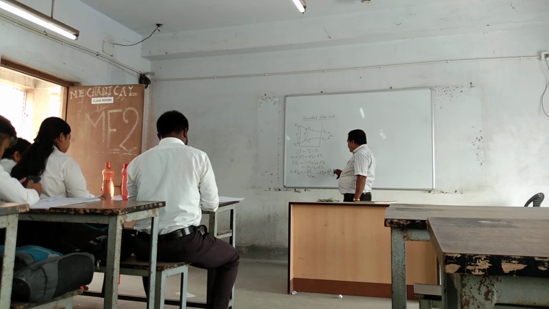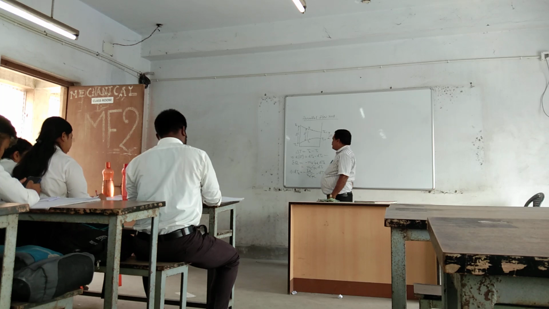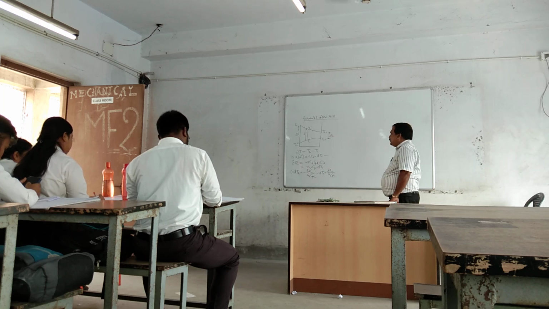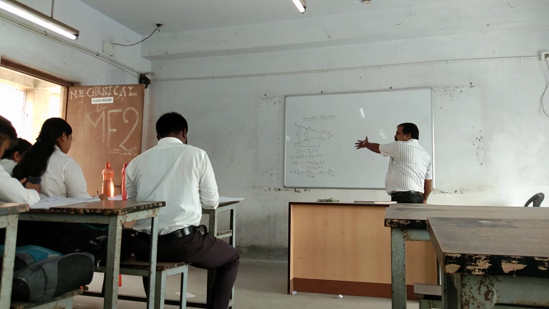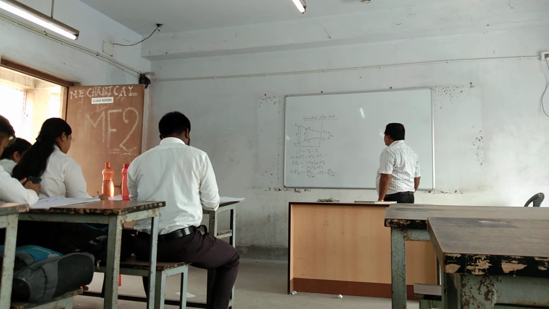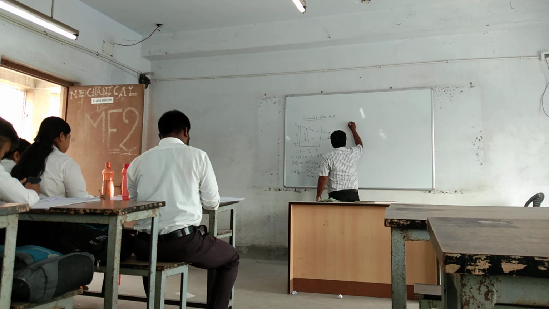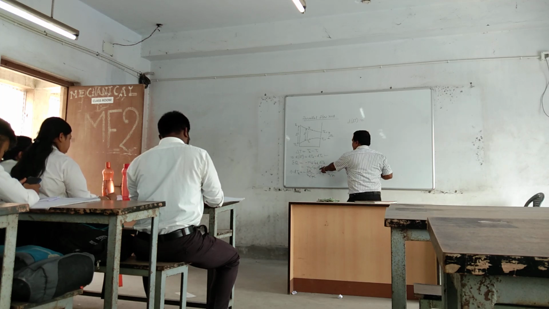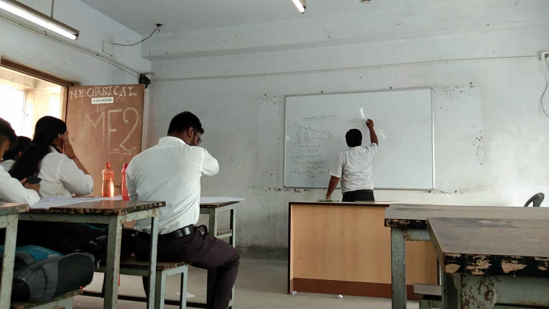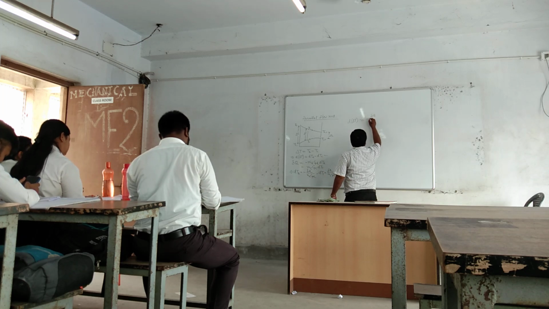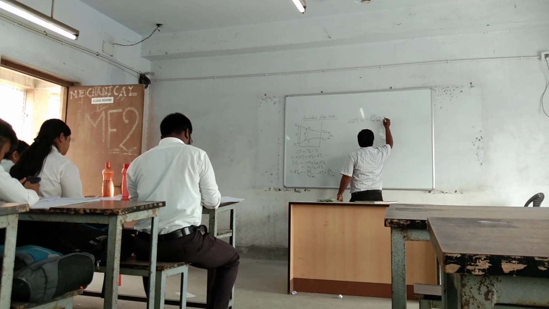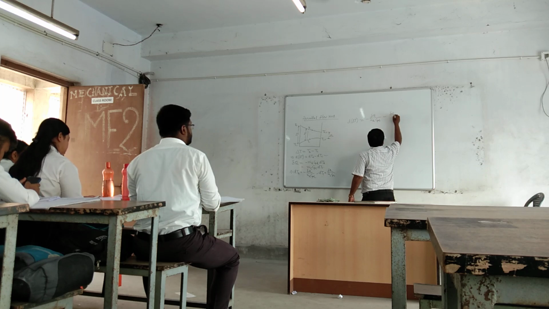Now putting those values of dTH and dTC into that equation, what are we getting? d delta T is equal to minus delta Q by m dot H CPH minus delta Q by m dot C CPC.